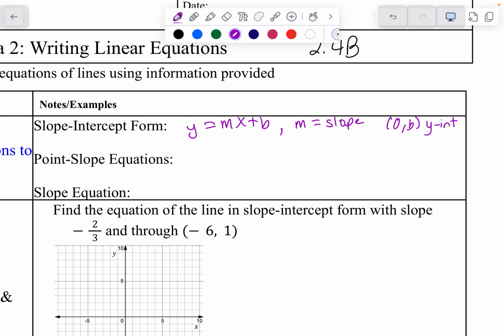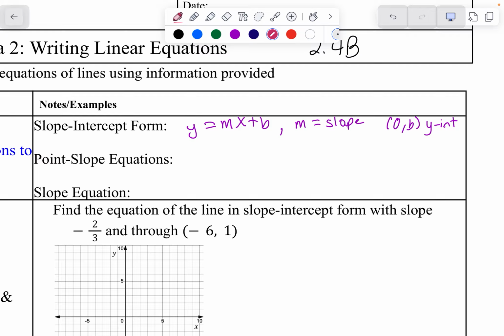Now, as you head, hopefully next year, to a pre-calc class or a college algebra class, and then your senior year or later on to a calculus class, this next equation I think is really helpful, especially in a Calc 1 class. That's called the point-slope equation.